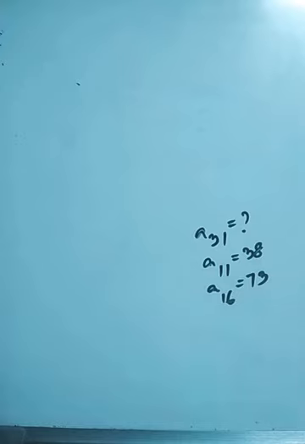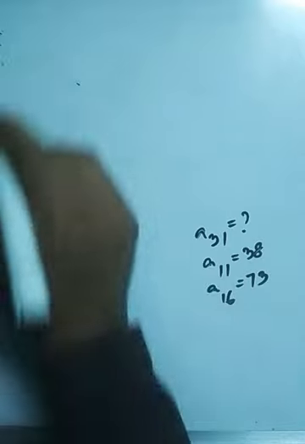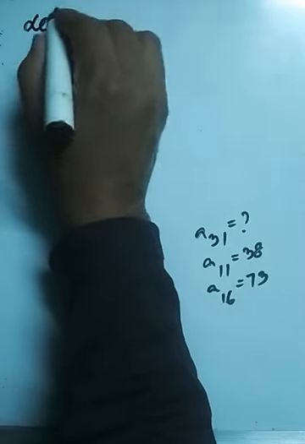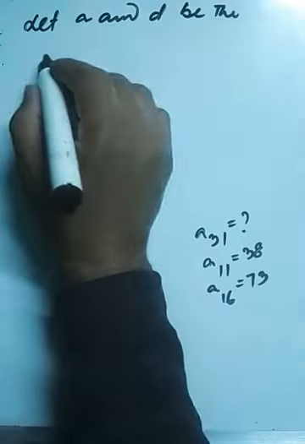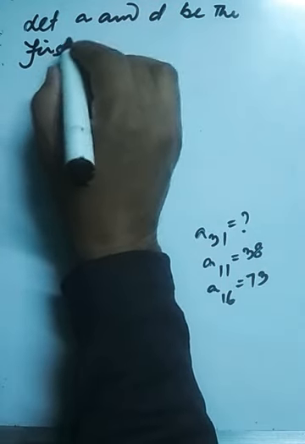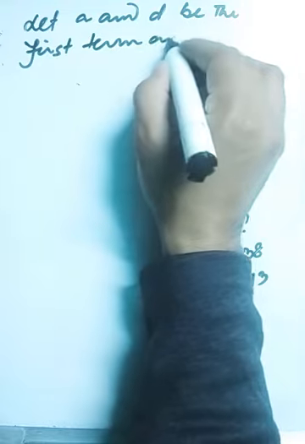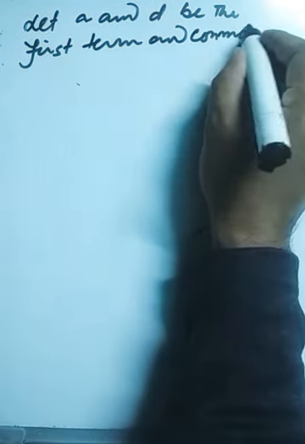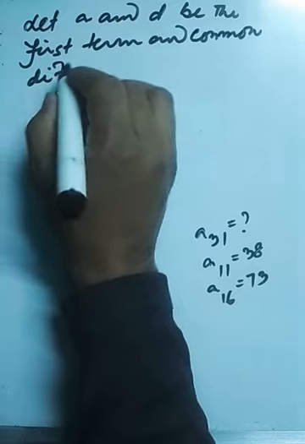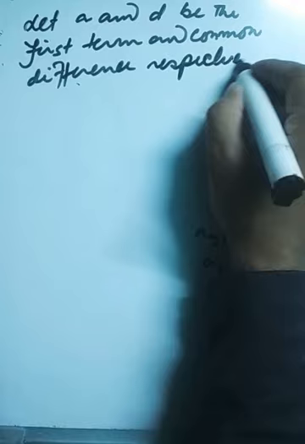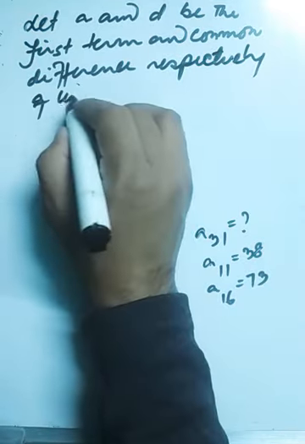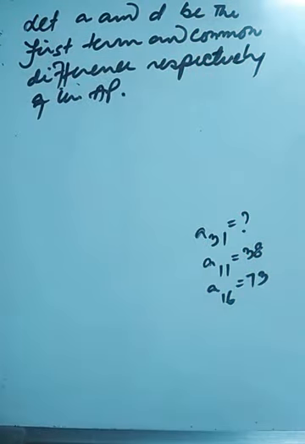So in this question, the question doesn't give us the first term and the common difference. So let us just assume that let a and d be the first term and common difference respectively of the AP.